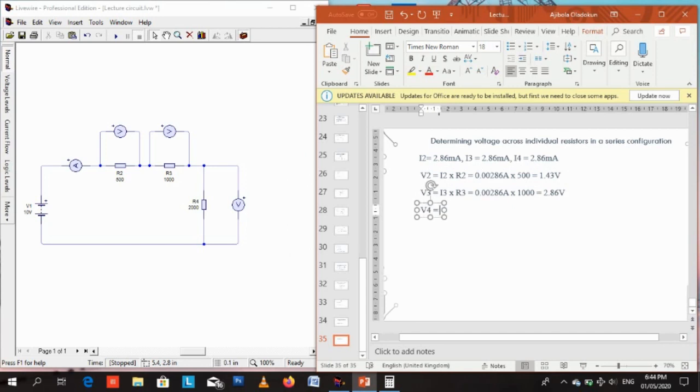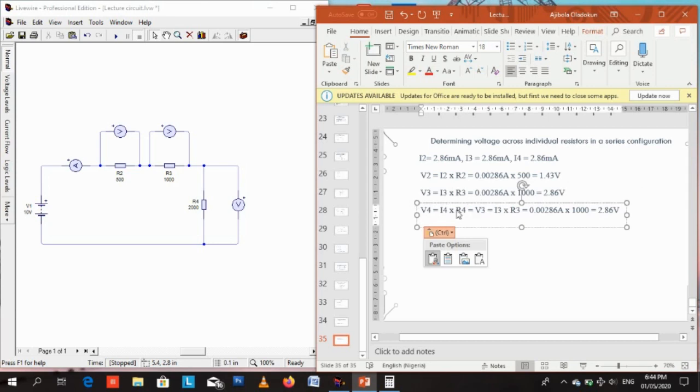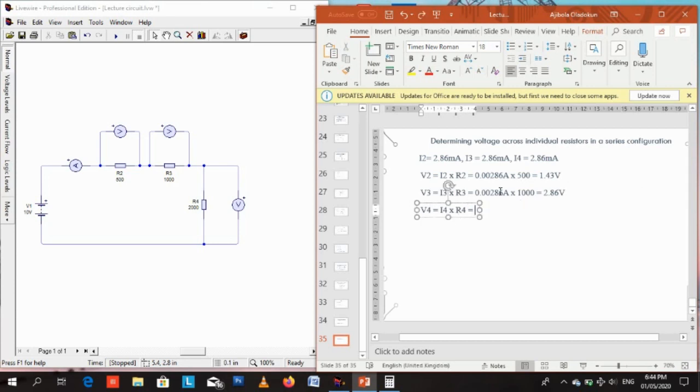So let's see whether V4 will also be different or will be the same. V4 equals I4 multiplied by R4. This particular current is still the same current as you've proven before. I4 multiplied by R4, which is 2000 ohms.